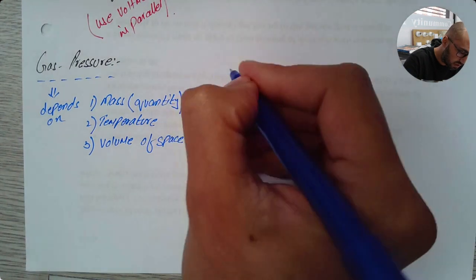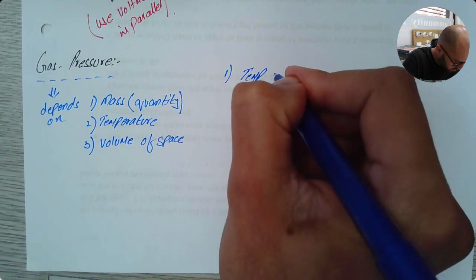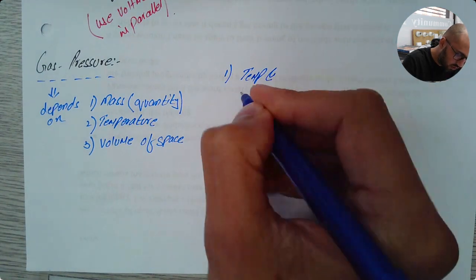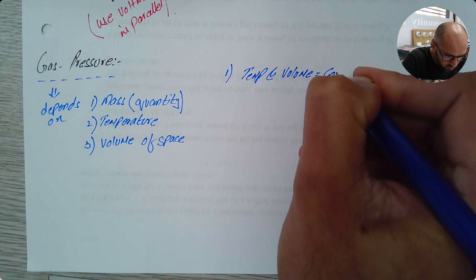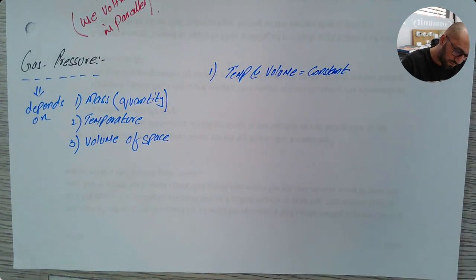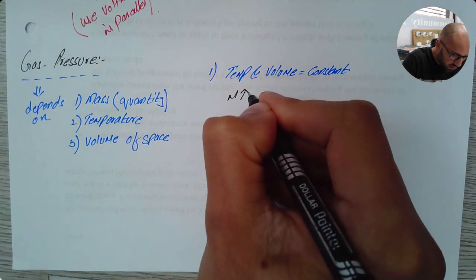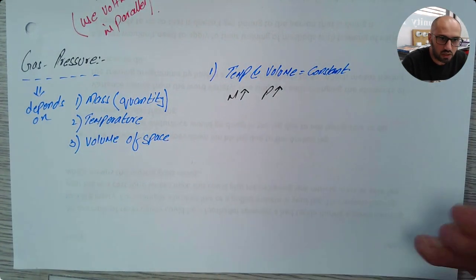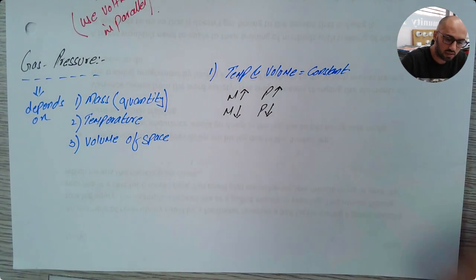So for first case, I can say my temperature and volume are constant. And if they are constant, I can then say if my mass increases, my pressure of gas will increase. If my mass decreases, my pressure will decrease.